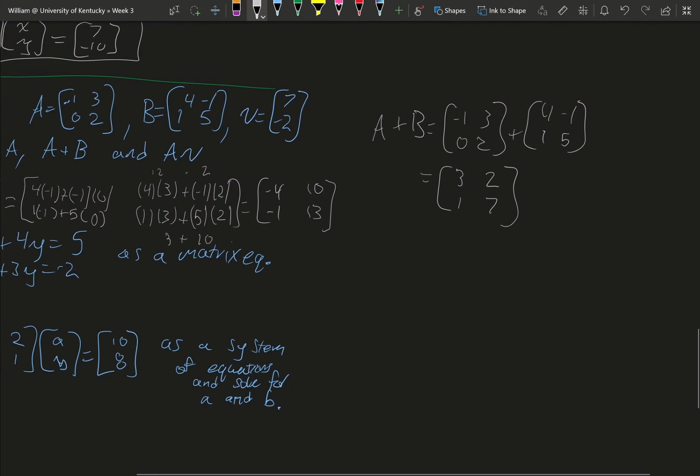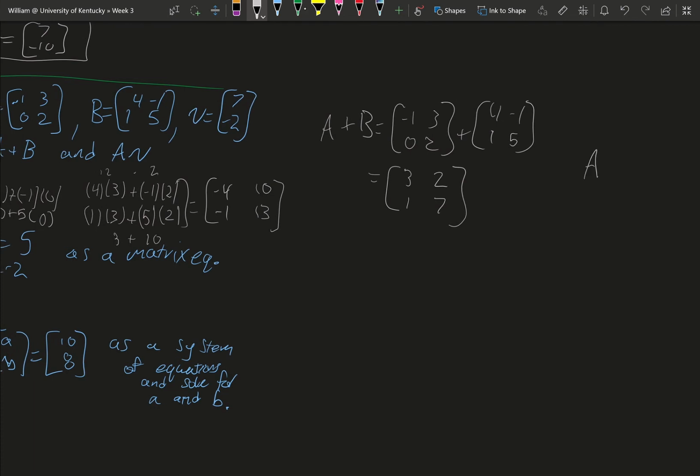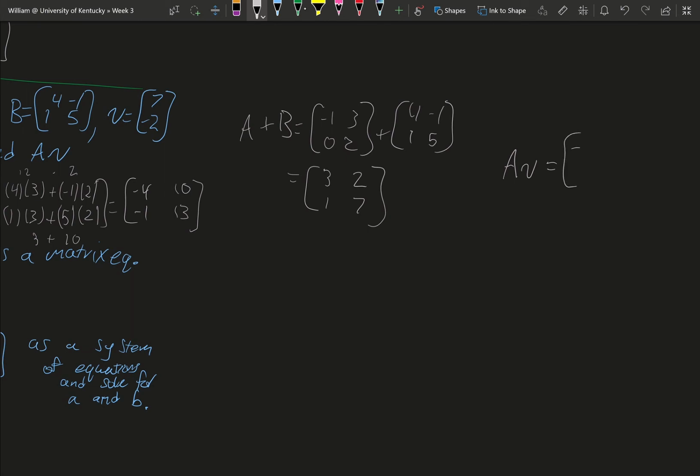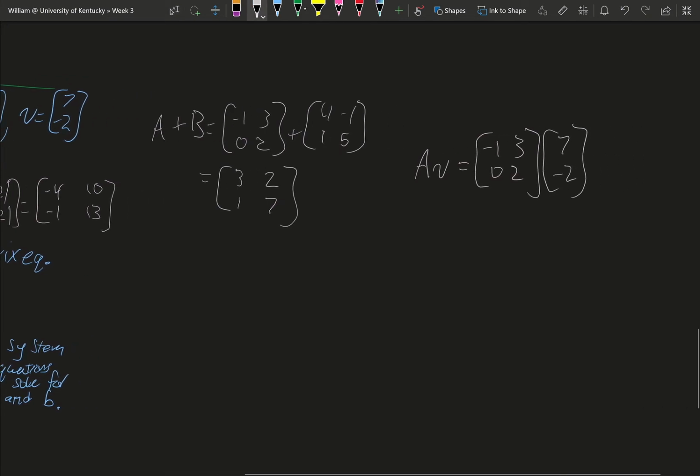And lastly, we want to compute A times V. So A times V, that is [-1, 3; 0, 2] times [7, -2]. So we have negative 1 times 7 plus 3 times negative 2, and 0 times 7 plus 2 times negative 2.